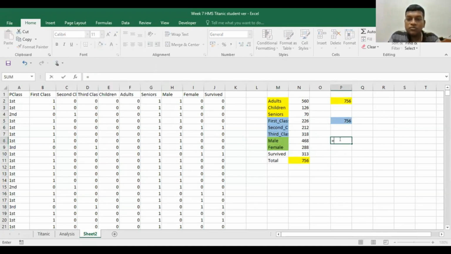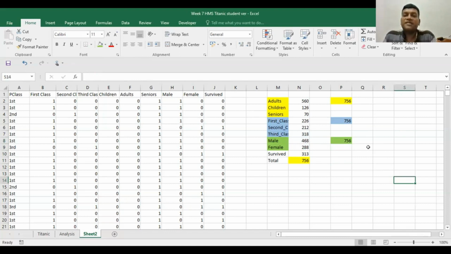It's equal to this plus this. Okay, so our data is absolutely fine. So the formula we applied to sort of classify this into all different buckets, all of that is fine. Okay, so we'll move to the next stage.